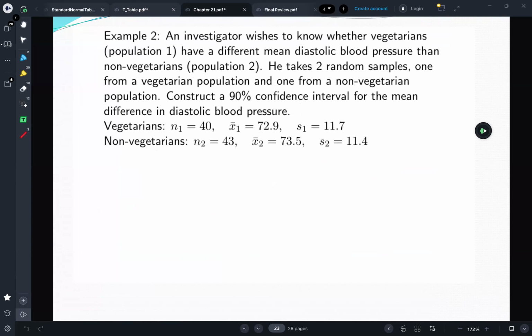Right? Two groups, two samples. So I hope you're starting to see with the Etruscans and the Italians, and then the trees, and then the diet and the exercise, and now we have vegetarians and non-vegetarians. There are so many different ways that this problem can be applied with confidence intervals and hypothesis tests.